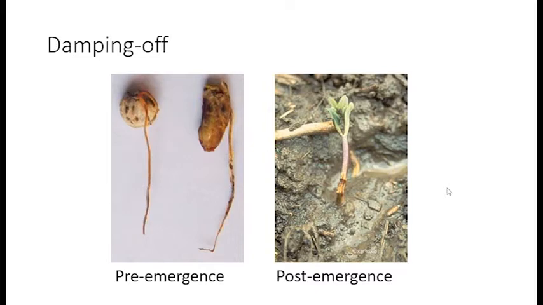Because they get rotten. And post-emergence is when it just comes out of the soil and then it falls down because of some sort of infection. In some cases, if it is very wet, you can even see some mold growing around them. And some people with a lot of training can even start differentiating a few of the different pathogens that can cause those issues.